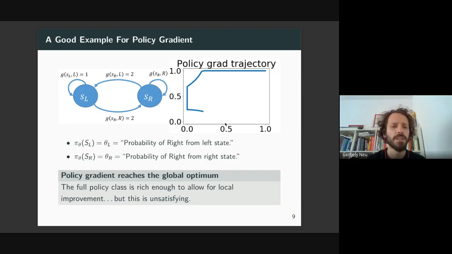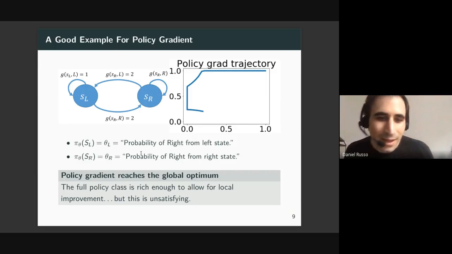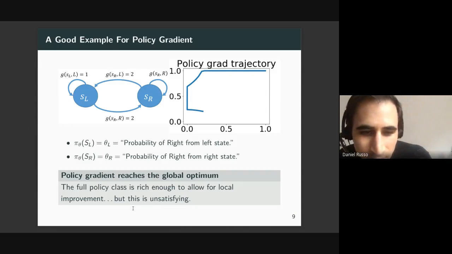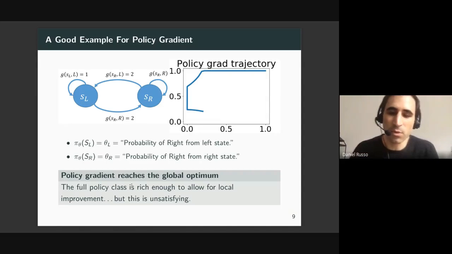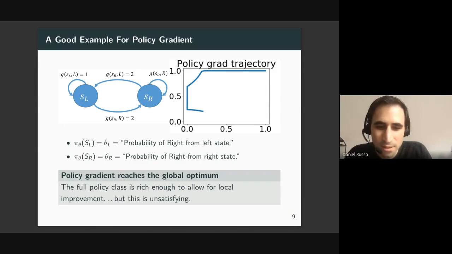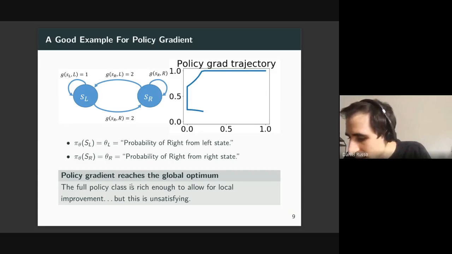So in some sense, this feels maybe okay to some people. The full policy class allows for local improvement, but I find this unsatisfying.